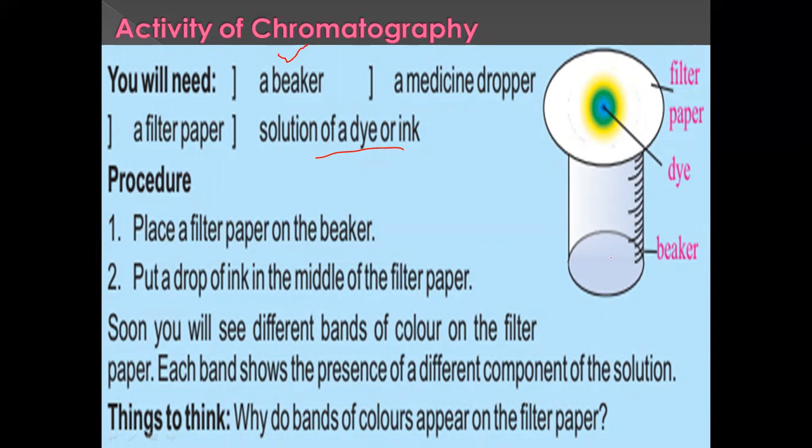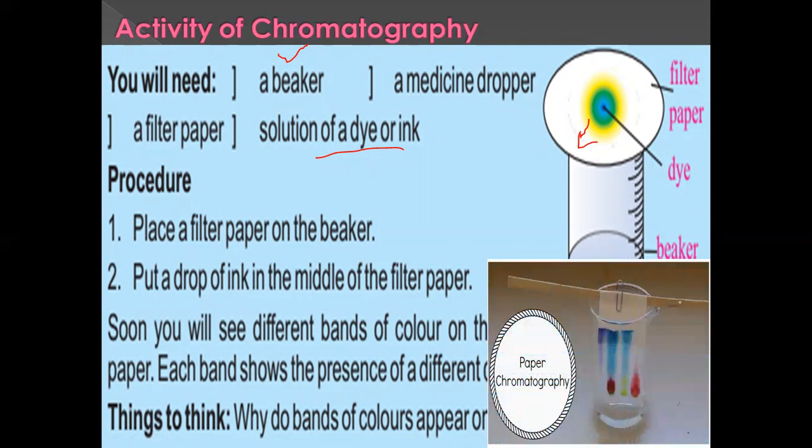So we hang this paper in the water, and the most soluble color of that dye moves farther away from that. You can see here also this one. This is a filter paper, it's hung in the water, so you can see this one. The colors are separating here.